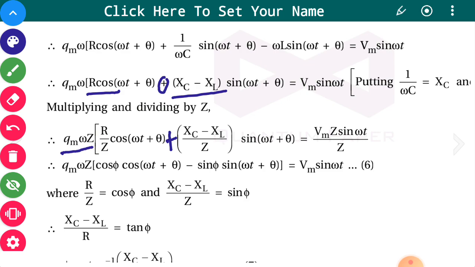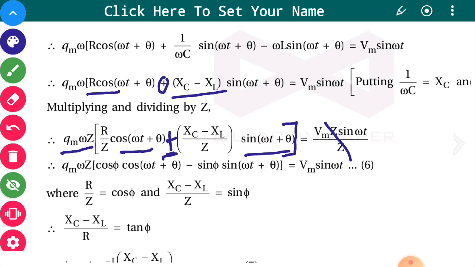Sin omega t plus theta is equal to Vm, Z and Z will be cancelled out, both sides have been multiplied, that is why it is written. So you can understand it very easily. Qm omega Z, R upon Z cos omega t plus theta, plus XC minus XL upon Z sin omega t plus theta.